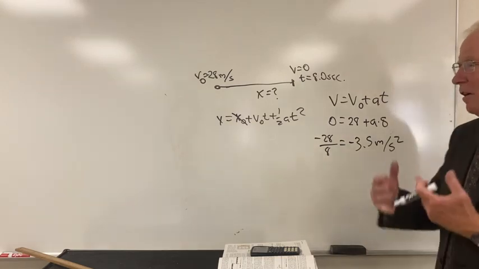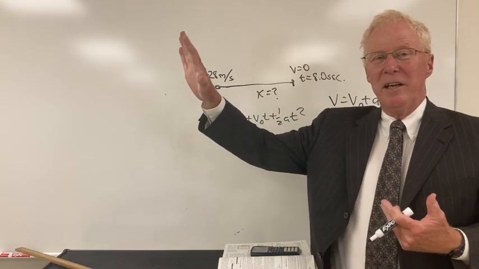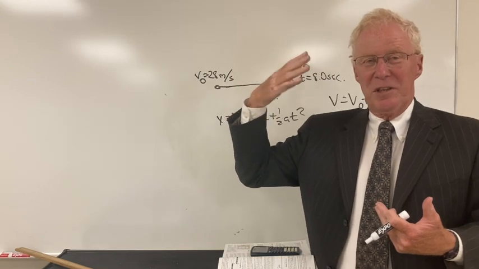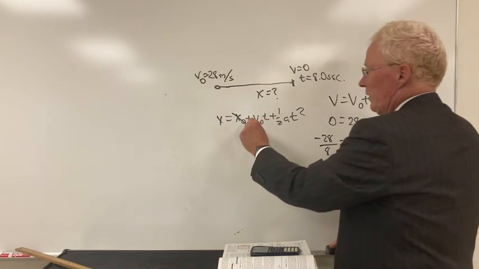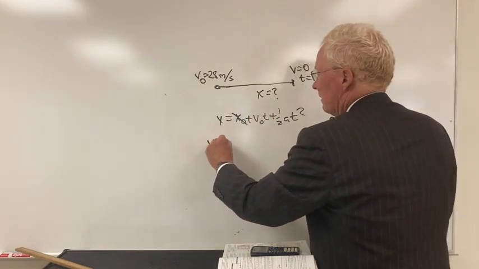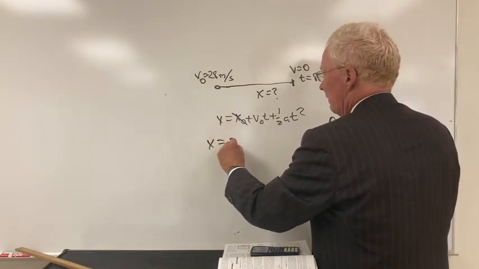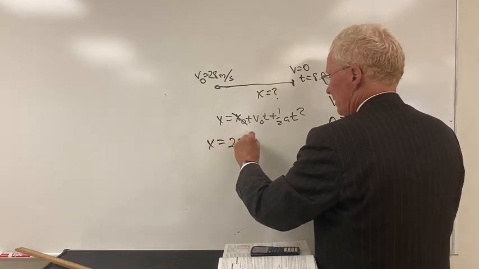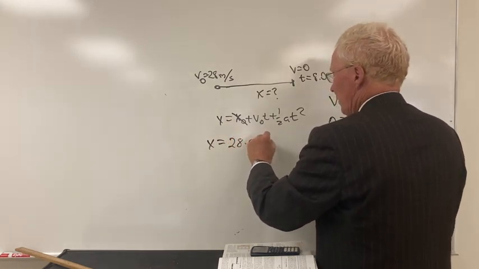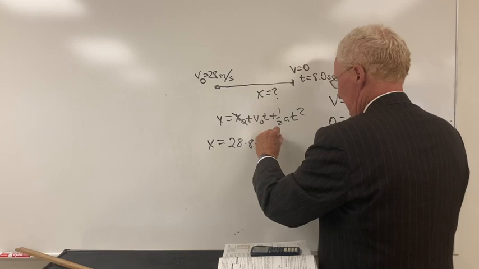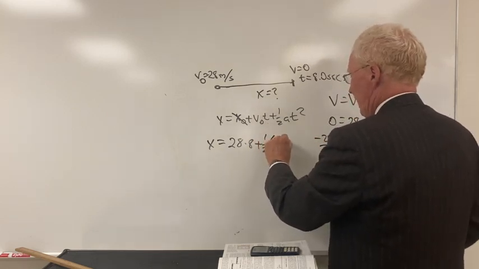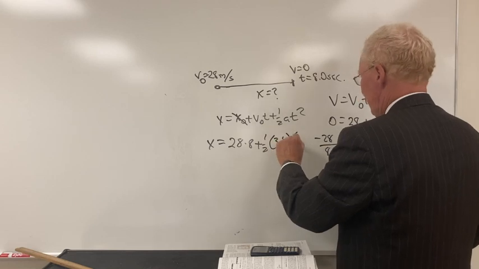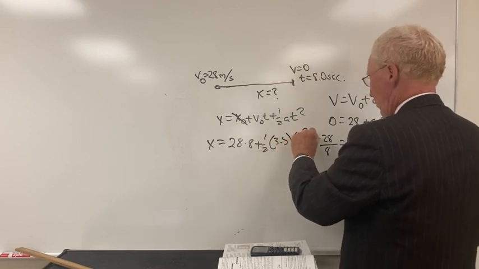We're not starting from rest and going faster. We're starting from a certain speed and slowing down. So we will put in x is V naught, 28 times 8, plus 1/2 times 3.5 times 8 squared.